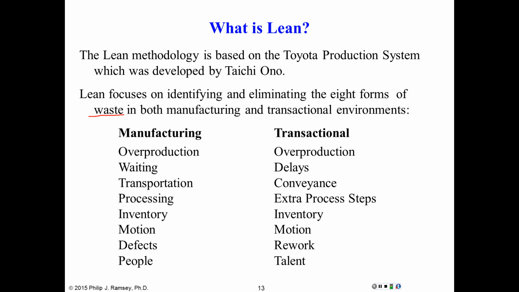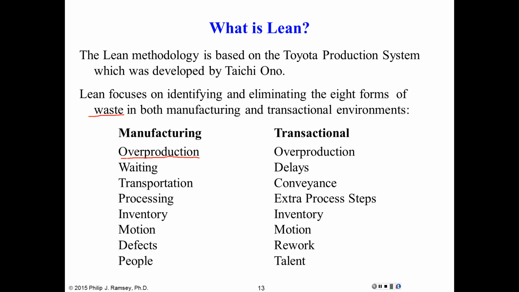But typical ideas of manufacturing waste: overproduction. We'll learn later on that the typical American approach to production was what we call a push system, where the manufacturer pushed as much product through a process as they could, regardless of customer demand.